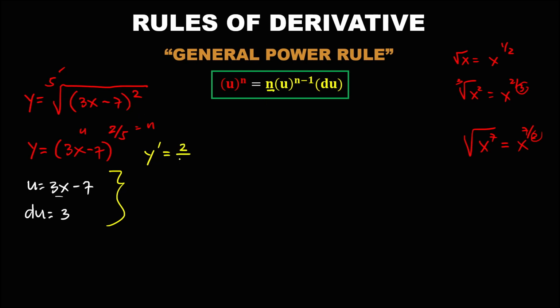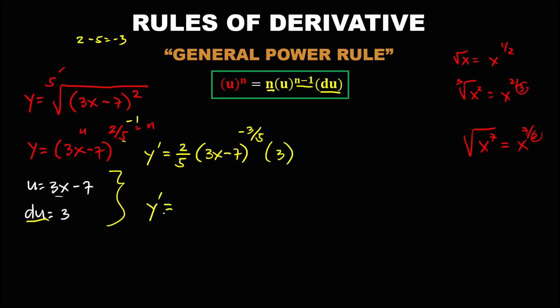N is 2 over 5 times u. U is 3x minus 7. Then n minus 1. For a fraction minus 1, just subtract. So this becomes 2 minus 5, that's negative 3. Then copy the denominator 5. Then times the derivative of u. The derivative of u, that's 3.